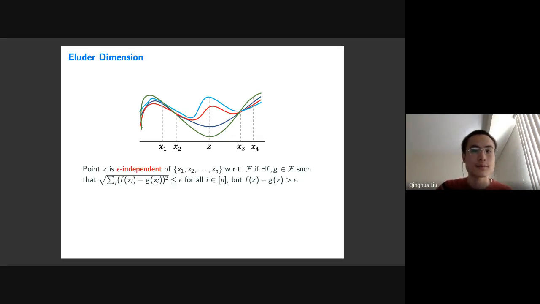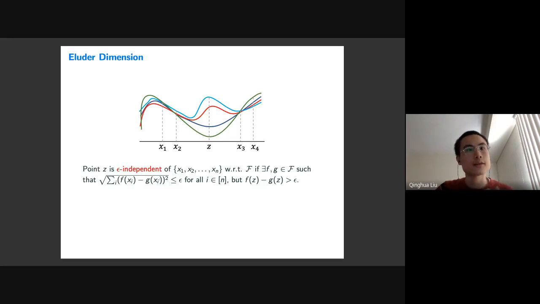We can look at this picture. There are 4 functions in this picture in different colors. We can see these functions are very close at x1 to x4, but they differ dramatically at point z. So I can just pick the blue function and the green function.